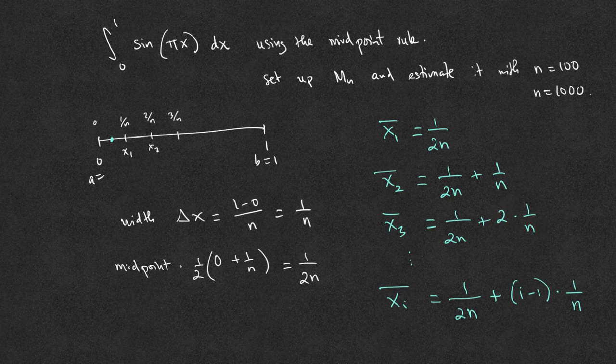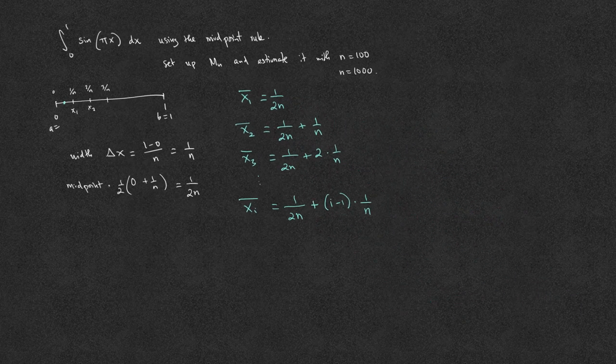And if the subscript is 2, we would use 1 delta x. Therefore, if the subscript is i, we would use i minus 1. And so this is x sub i bar.